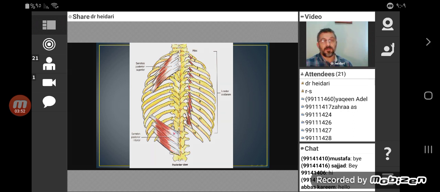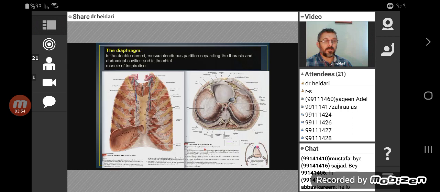All right. And the next very important muscle of respiration is the diaphragm.